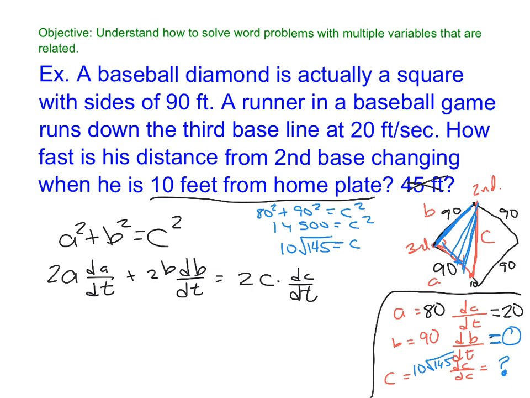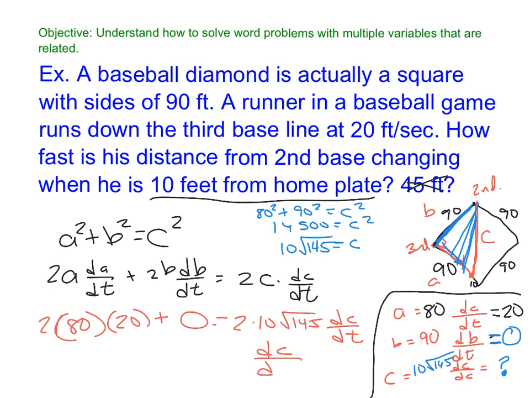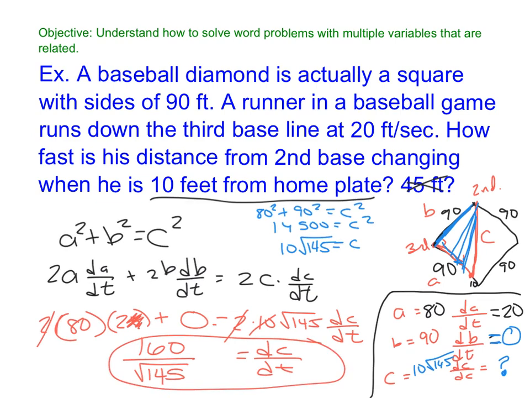All right, so 2 times 80 times 20 plus 0 equals 2 times 10 root 145 dC/dt. So dC/dt equals, the 2's cancel, 10 goes into 20, so we get 160 over root 145. That's our answer. We don't have to simplify it.